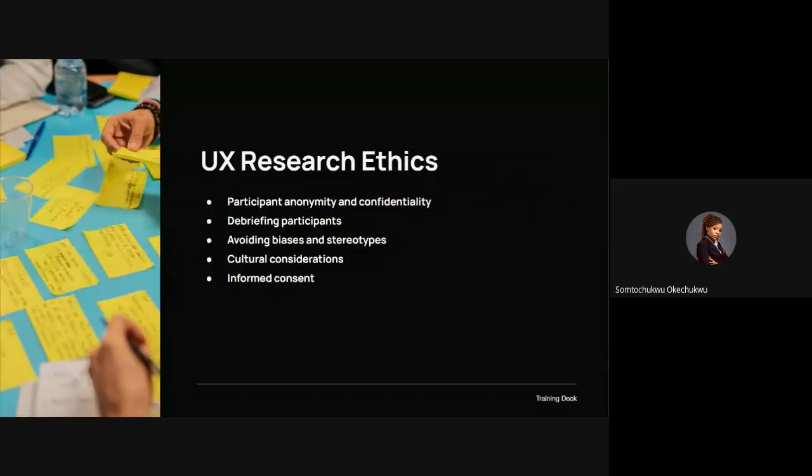Anybody that knows that you're doing something for research purposes definitely knows that it is maybe to improve on something, to improve on a way of life and all of that. You need to communicate it to them. You don't just assume that they know and then you do not tell them. You need to communicate it with them because it's their right to know what you're using their information for.